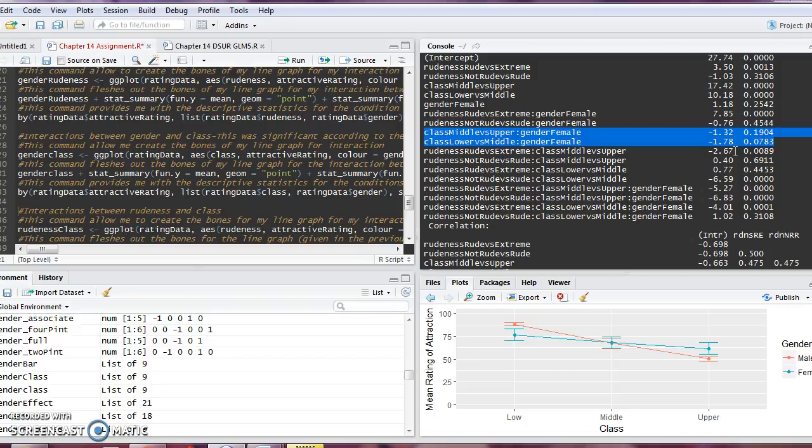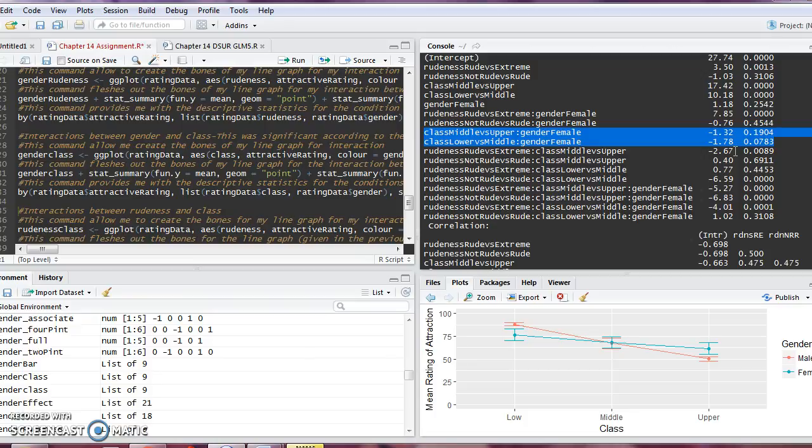Then with the middle class versus upper, you see that once again it's also non-significant, and this suggests that there aren't any gender differences in ratings when it comes to middle and upper class. However, if it was significant, then we would be saying the opposite.